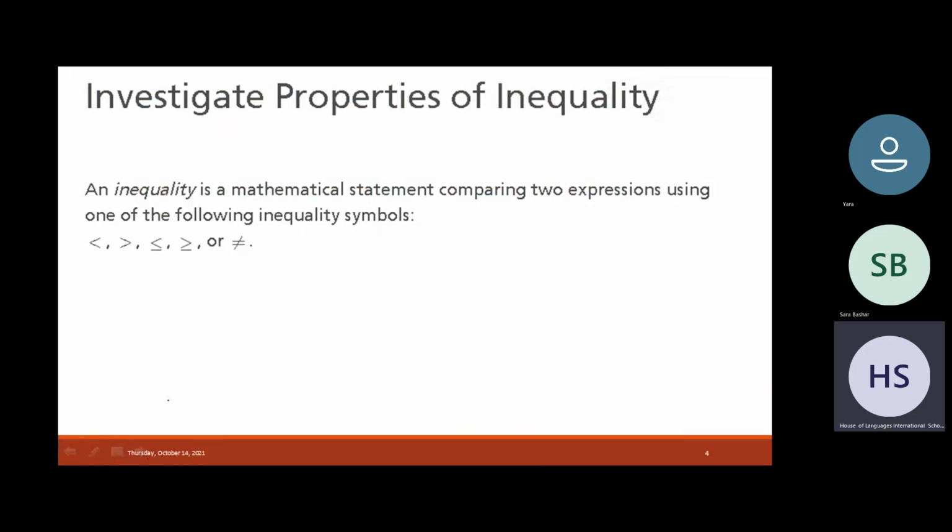As we said, it could be 3x plus 5 on one side and another expression on the other side. And it has one of the following symbols: less than, greater than, less than or equal, greater than or equal, or not equal. Any symbol, but not the equal sign. This is the meaning of an inequality expression.